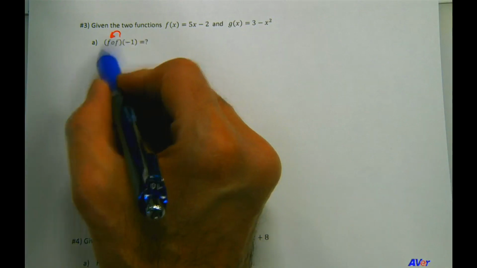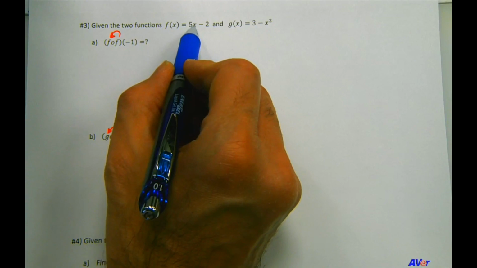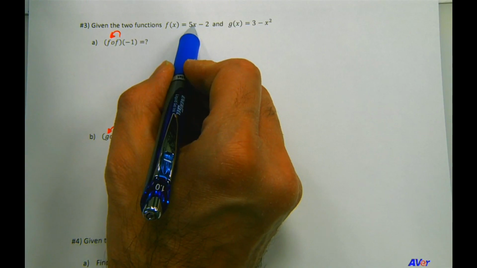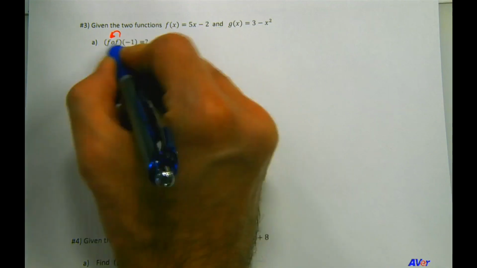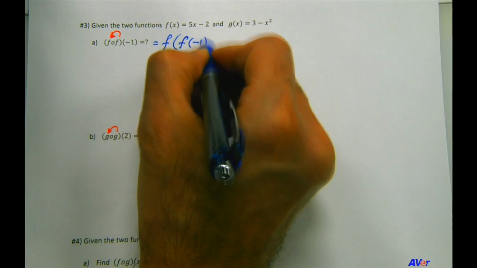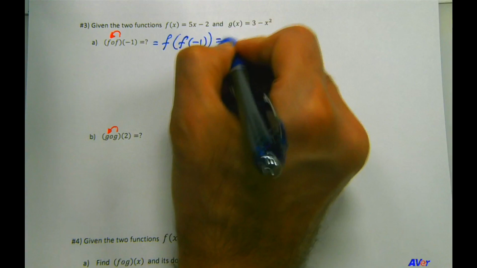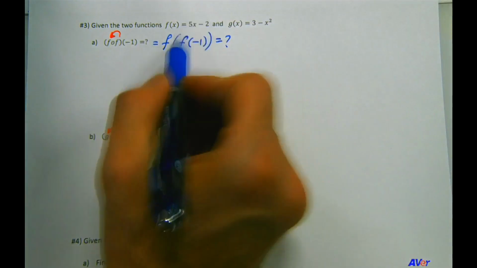So f going inside itself, that means that x must be replaced with 5x minus 2. So the equivalent notation would be this. That's the question mark. Okay? So evaluate.